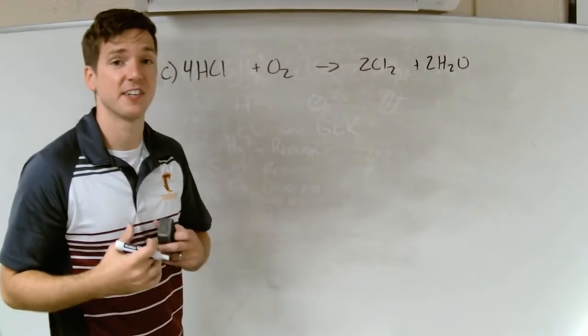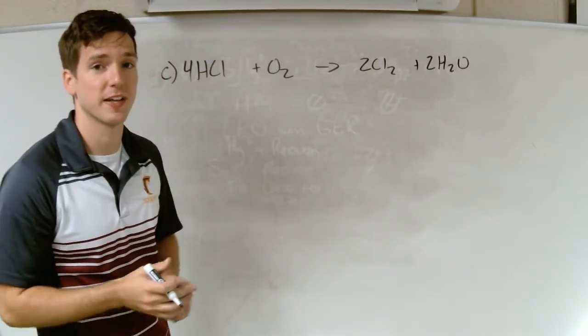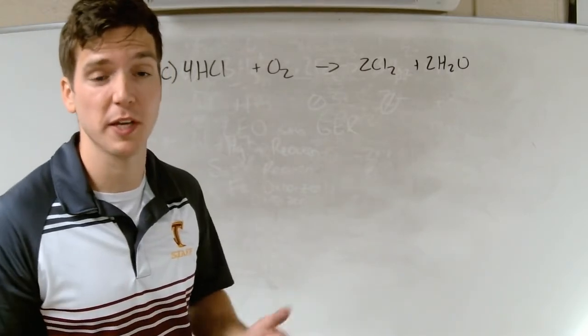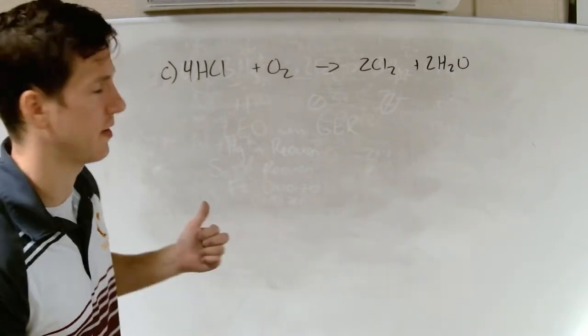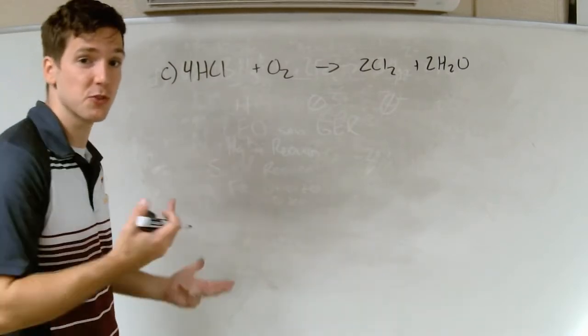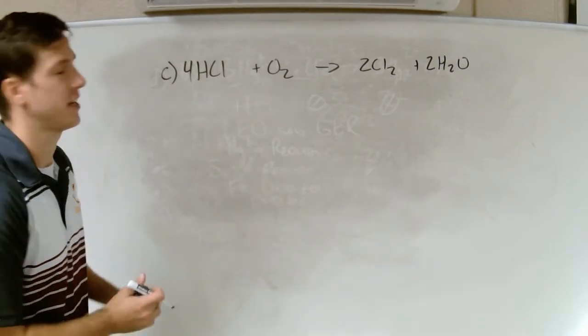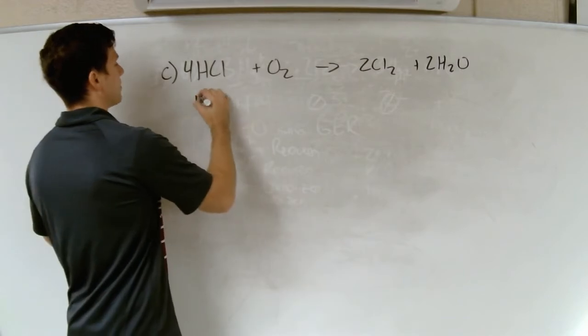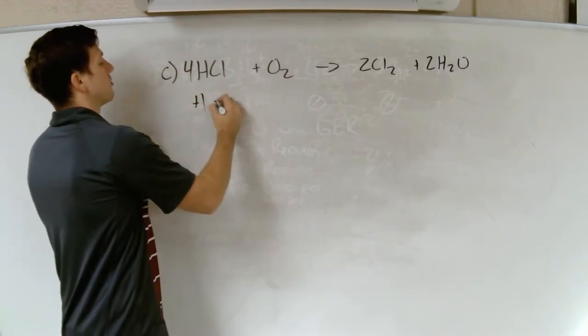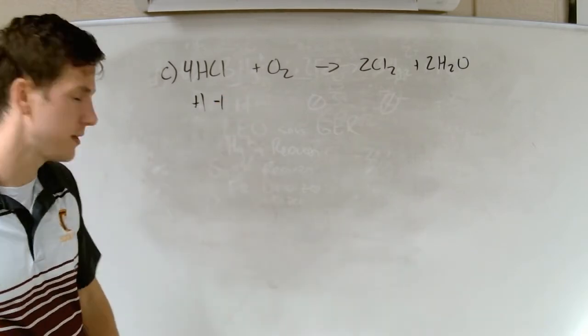All right, and here is our other example, right? And this is a situation where you're going to have species that maybe don't get reduced or oxidized. And you'll see why here in a second. So I'm trying to figure out which species is reduced or oxidized. Let's list some oxidation numbers. Hydrogen is always +1 unless it's a hydride, which it's not. So that means chlorine must be -1, okay?